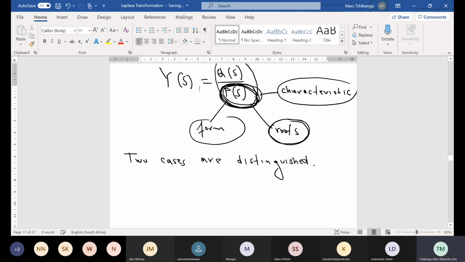The first one is that P(s) has n distinct roots. This means the roots could be real or complex.